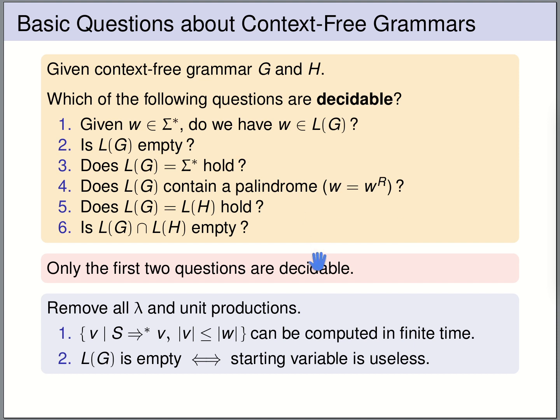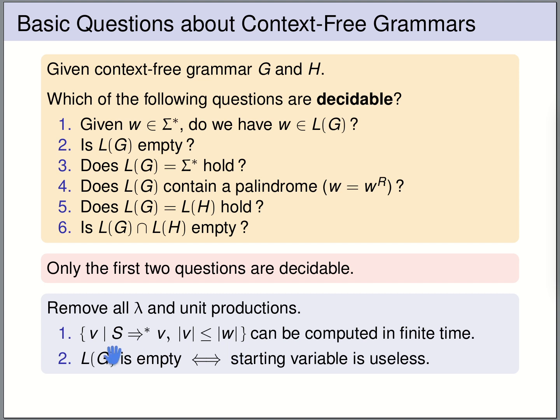And the decision procedure is quite simple. We take our grammar G, we remove lambda and unit productions, and once we have removed lambda and unit productions, we can compute all the words that are derivable from the starting variable up to the length of our input word W. So this is a finite set, and since there are no lambda productions, the words that we derive never get shorter.